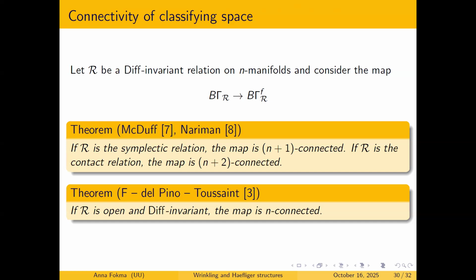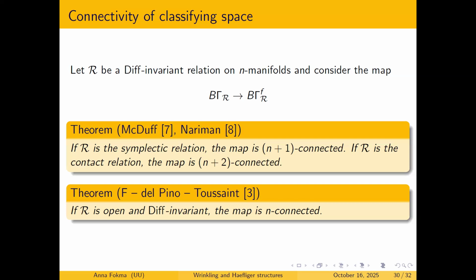And then, R is again an open, or at least a diff invariant relation, and it lives on n manifold. So in terms of microbundles, that was our dimension of the fiber. And then this map has classically been studied for some relations by Haefliger.